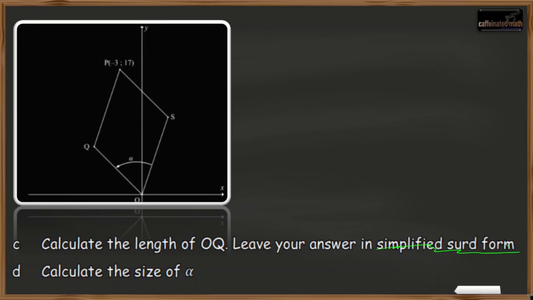Now they want size of alpha. Well, that's y is equal to negative x. Okay, so the gradient of OQ is equal to negative 1. You can read it from there. For if we give that angle of inclination the name beta, we can say that tan of beta is equal to negative 1.